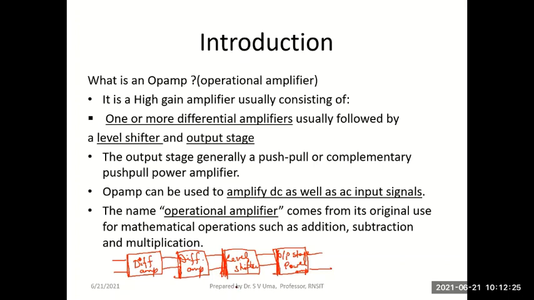level shifter, what does it do? Remember, an op-amp can amplify both AC as well as DC signals. So the op-amp, you should remember, is capable of amplifying DC as well as AC input signals. So when it amplifies DC, what do you think will happen?